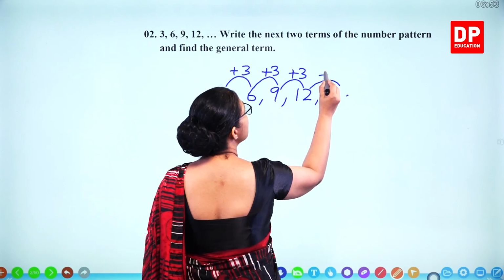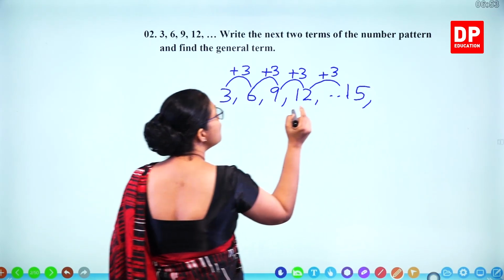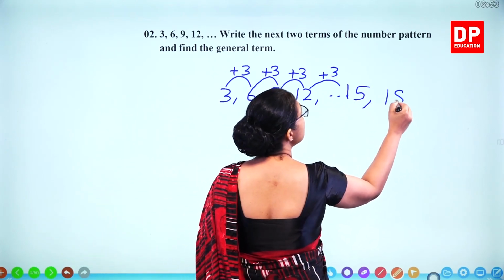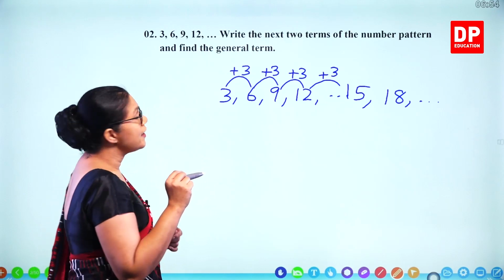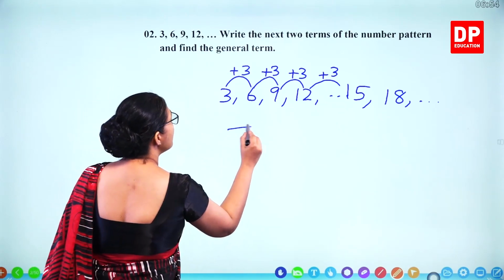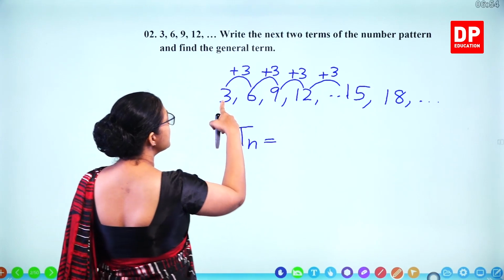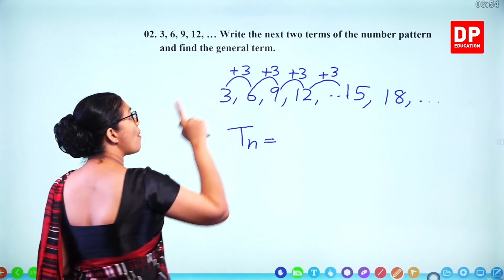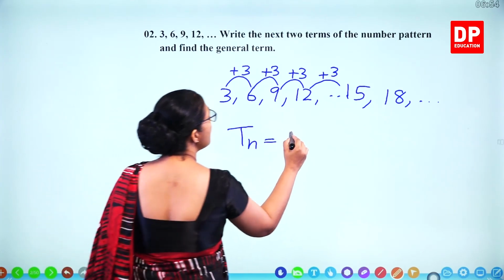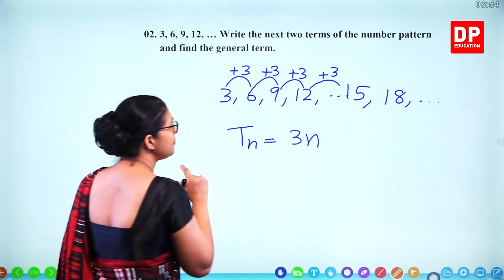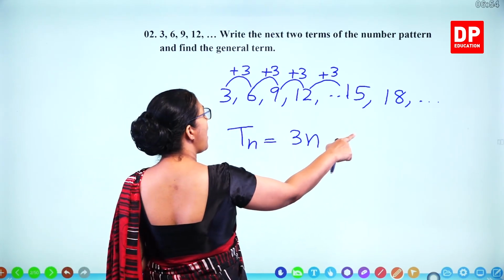Add 3 to that. 12 plus 3, 15. 15 plus 3, 18. And we'll find out the general term. We'll write Tn is, first term is 3 and the common difference is 3. So you get something related to 3n, the general term. Now how do you find the constant you need to add?